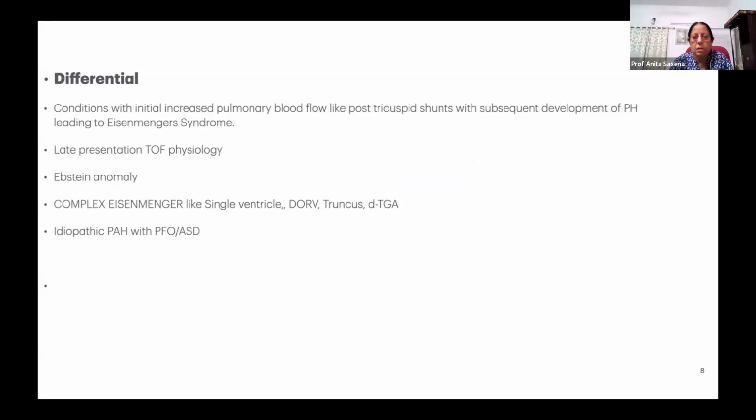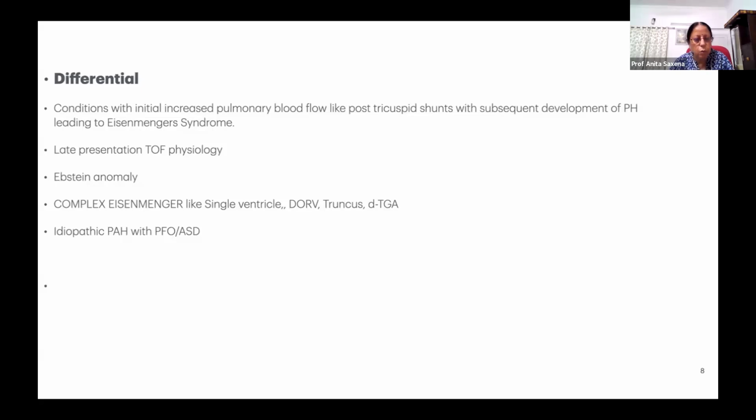So you are saying that it started off as a large VSD, and then there could be a progressive PS leading to cyanosis presenting at a later age. Any specific name given to this condition? Gussul phenomenon. Right. Okay.